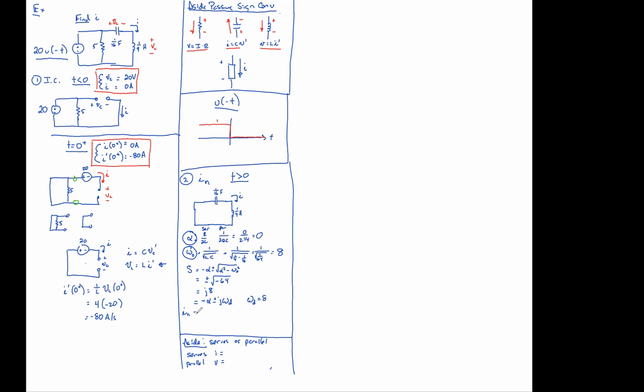Our i sub n is equal to, in general, for an underdamped system, e to the minus alpha t times C1 cosine omega sub d t plus C2 sine of omega sub d t. But since our alpha is 0, that just collapses down into some unknown amount of cosine of 8t plus some unknown amount of sine of 8t. And that is our natural solution.